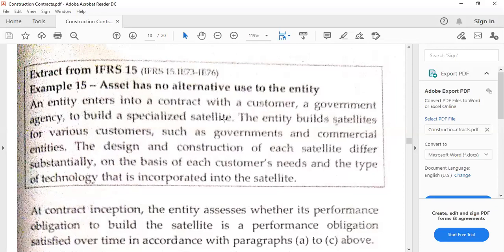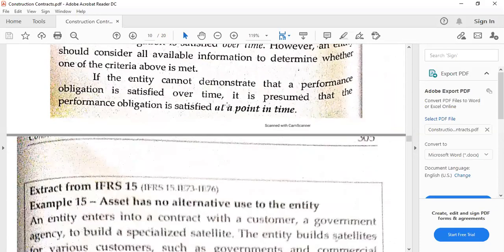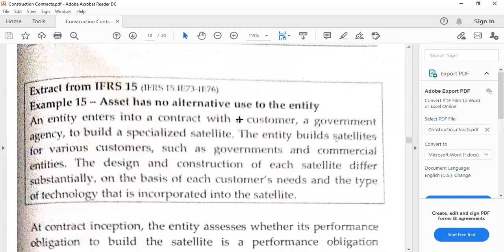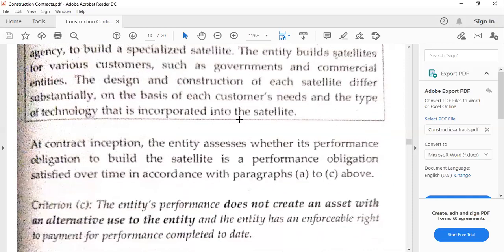Remember, the requirement in the previous page is that for a certain contract to lead to the recognition of revenue over time based on the percentage of completion, it should be that the asset, or the assets if these are a group of assets, has or have no alternative use to the entity. So the entity that is performing, we are on the part again of the seller.